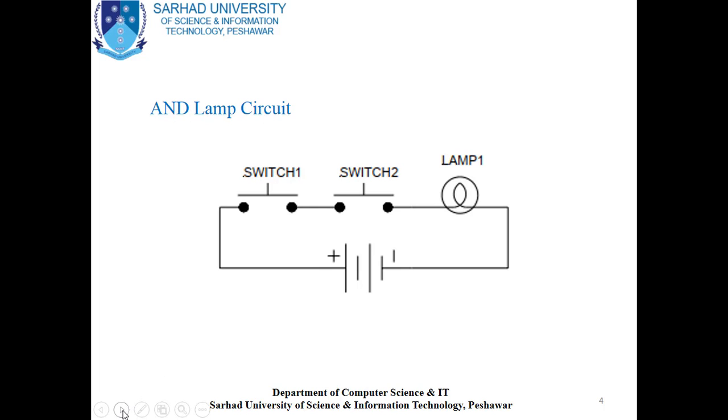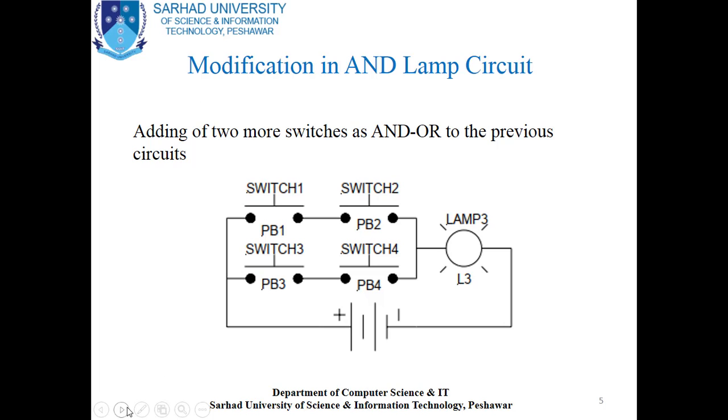In the next slide, we have added switch 3 and switch 4 to switch 1 and switch 2, in this form. So here we did the modification in the previous circuit, and we have added switch 3 and switch 4 in series. If we connect this series circuit with switch 1 and switch 2, it will become parallel.